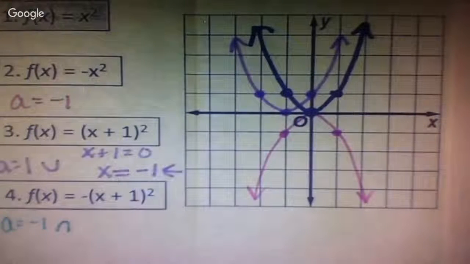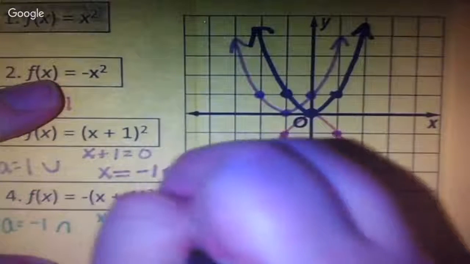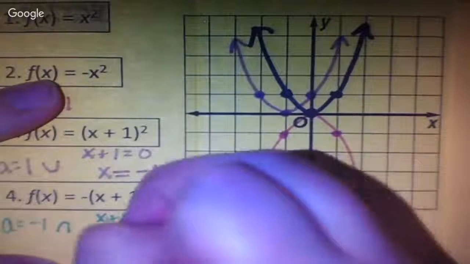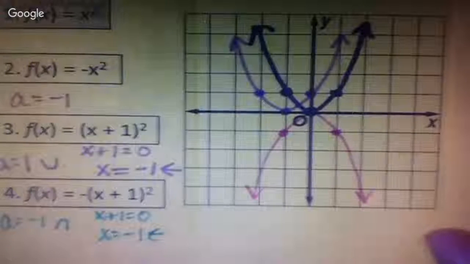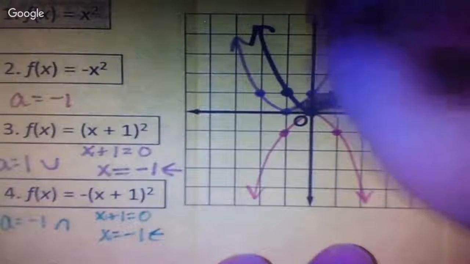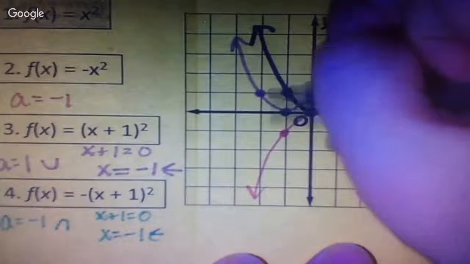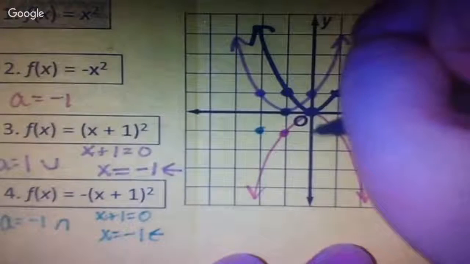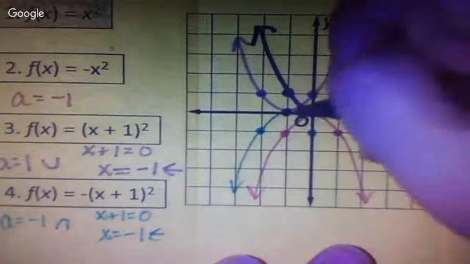What did we say that x plus 1 does? It's -1, so it moves to the left by 1. So not only does my graph move to the left by 1, but now instead of facing up, my points are facing down. So this graph will look like this.